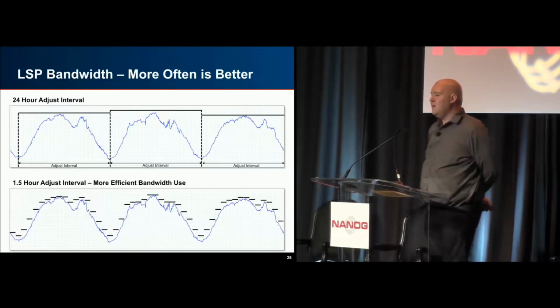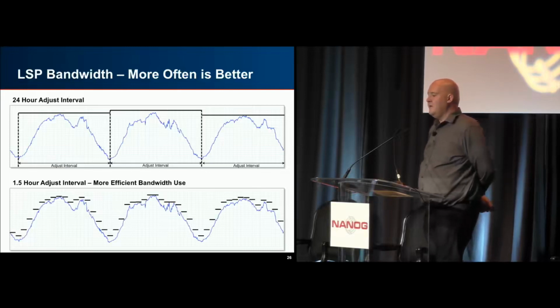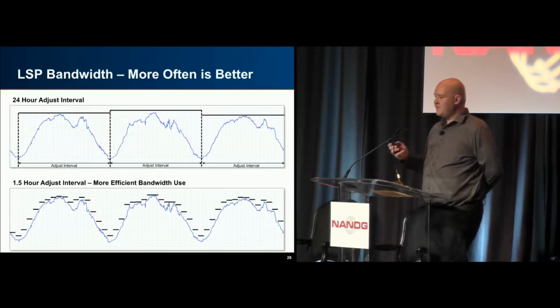So the lower you can get the granularity, if you look at a 1.5 hour adjust interval, you get more efficient bandwidth use. You still stay above what the actual traffic is. You want to be able to react to those changes quickly, but you're able to pack things more efficiently and get better utilization.